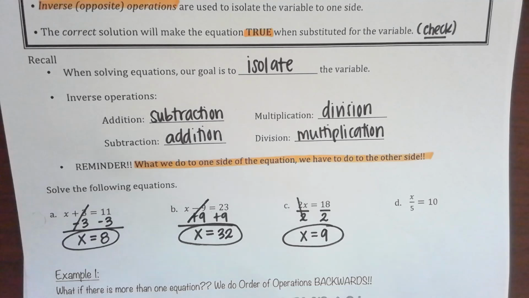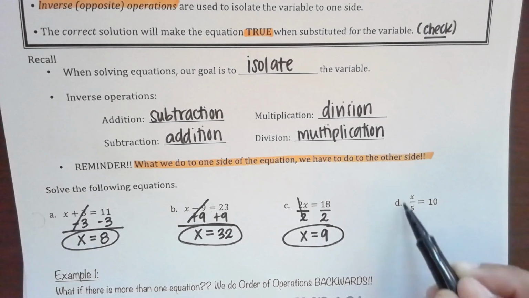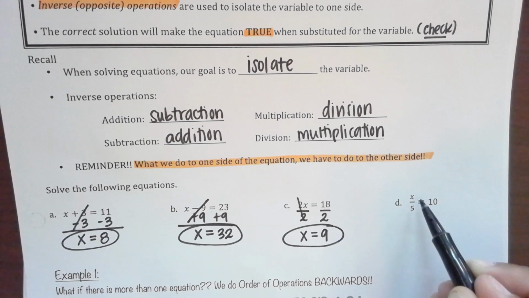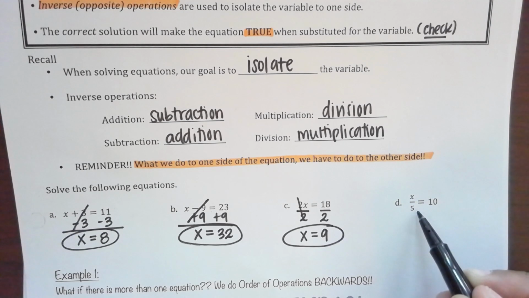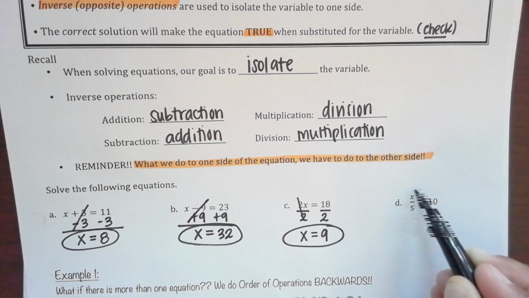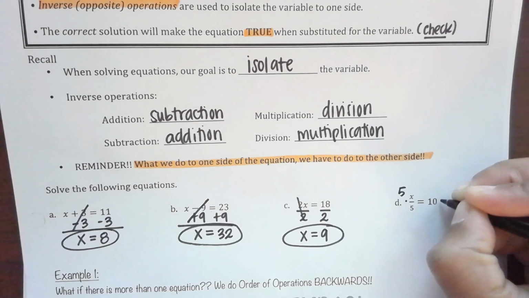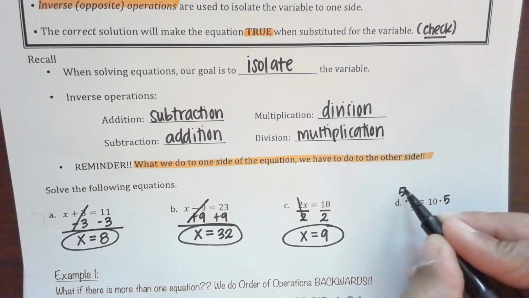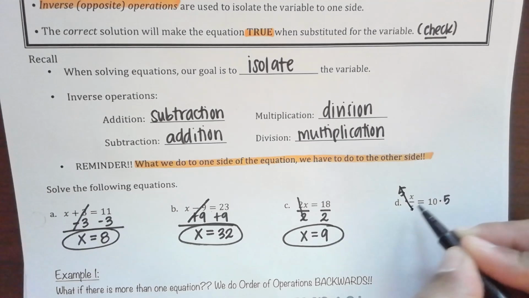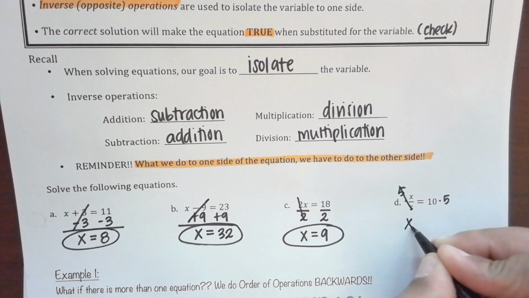Looking at D, I have x over 5 equals 10. What operation is happening originally? Division by 5. So how do I get rid of division by 5? Multiply by 5. What happens to these 5s? What's brought down behind that?